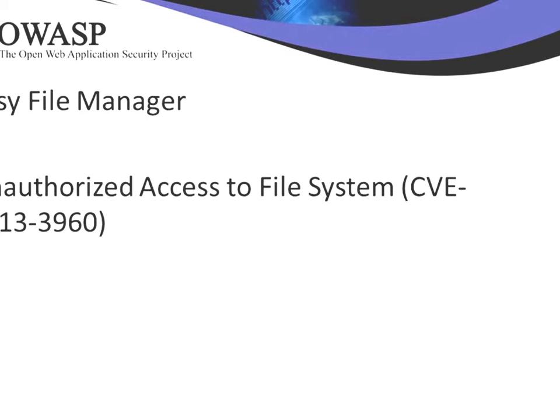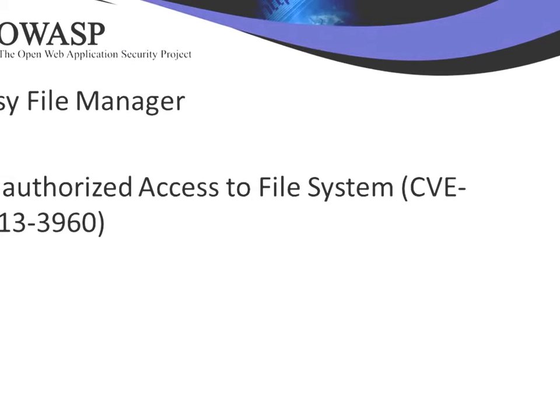We got unauthorized access to the file system on Easy File Manager, besides the fact that it is vulnerable to path traversal. So I will show you how it works. I'm not doing this live, but you can imagine doing this live is a pain in the ass.